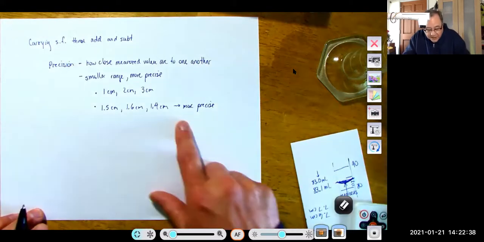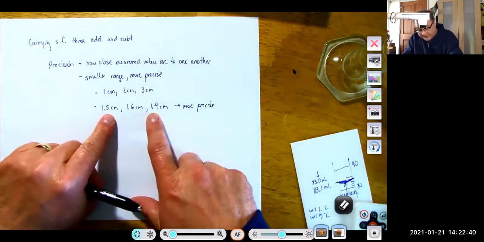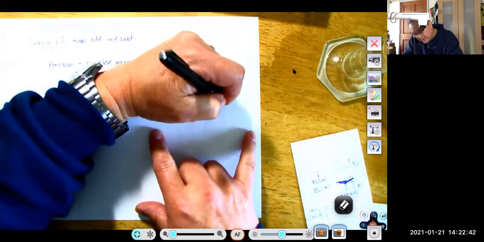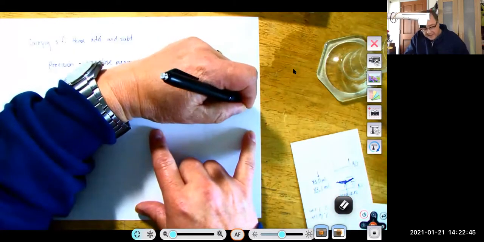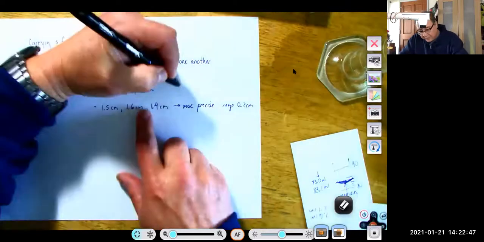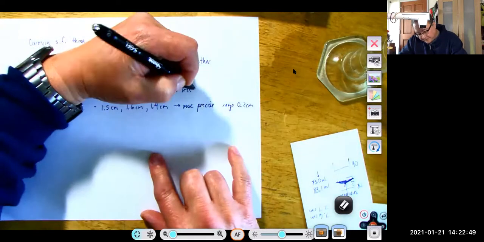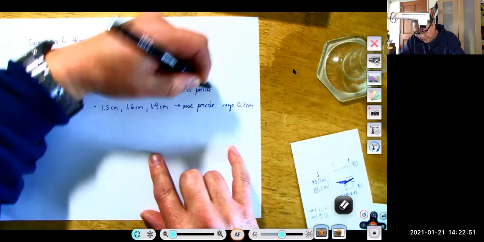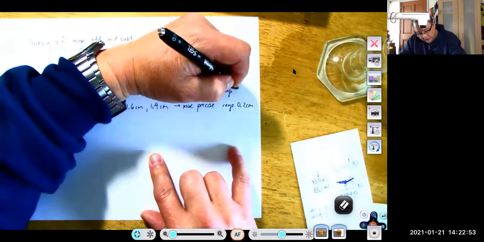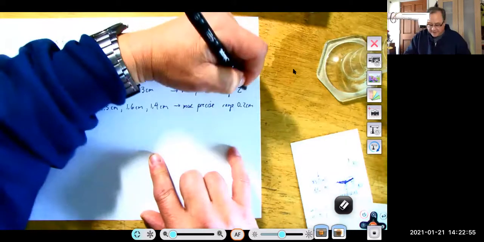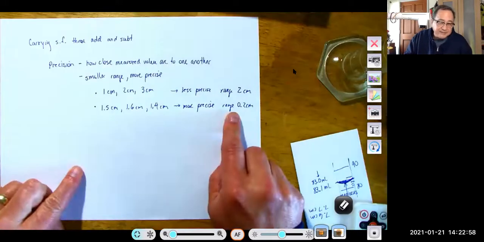The range is from 1.4 to 1.6. And here, which is less precise, the range is 2 centimeters. That's more precise.